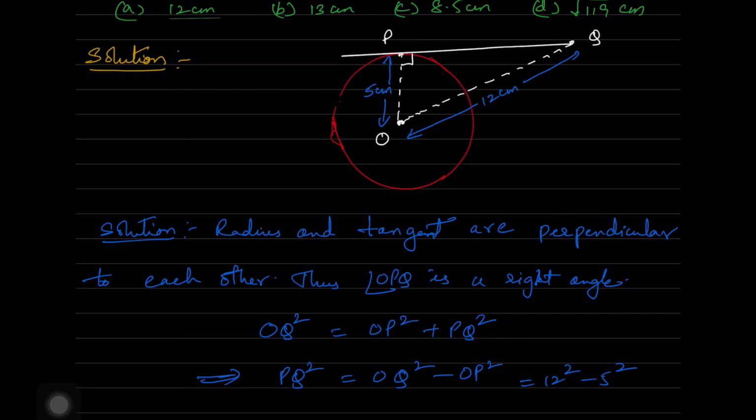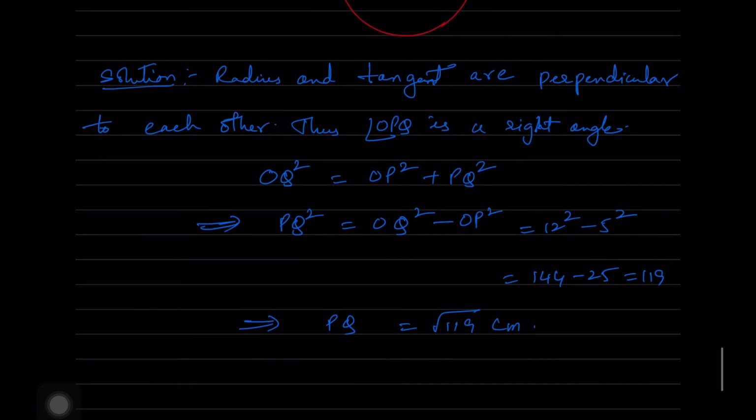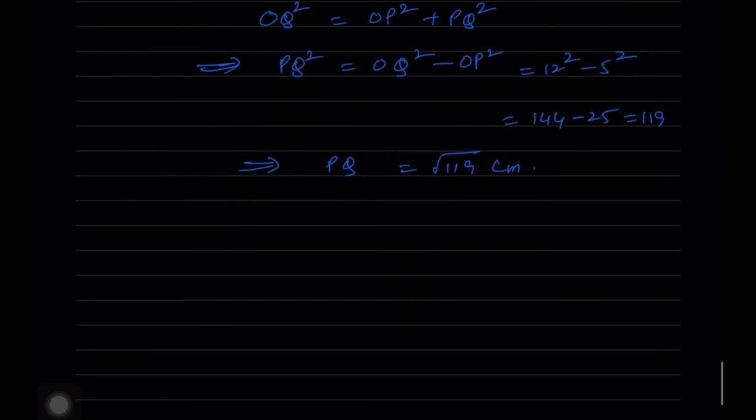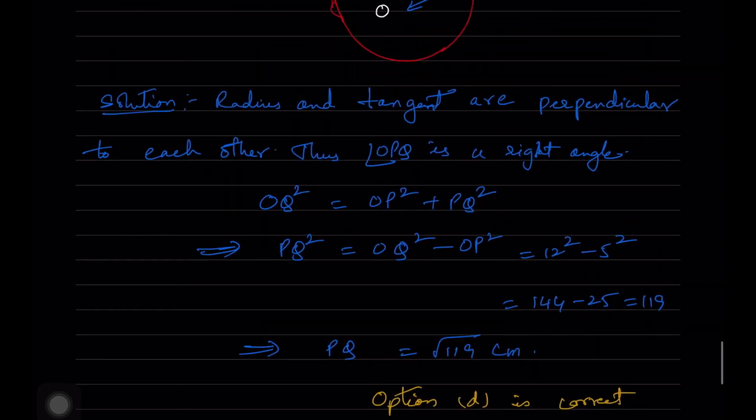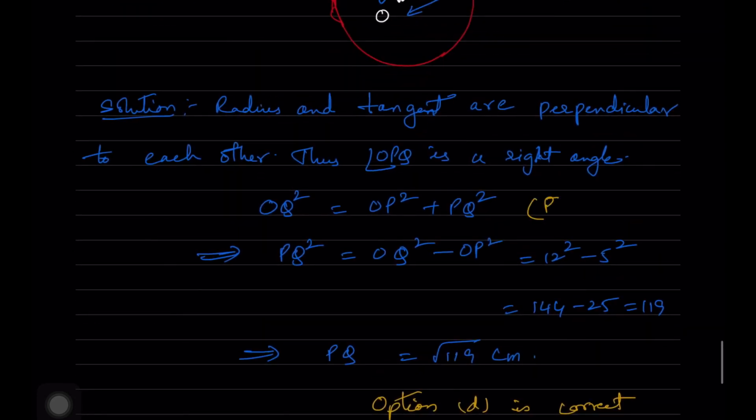So therefore you're getting 12 square minus 5 square, which is equal to 119. PQ is equal to root of 119. So option D is correct over here. And also here we'll write from Pythagoras theorem.